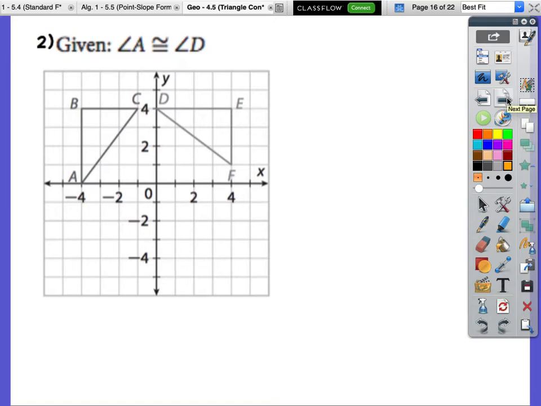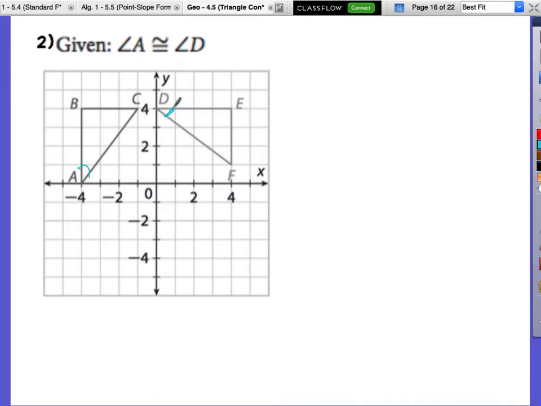So let's look at this one. If we're given angle A is congruent to angle D, well, if we're doing angle, side, we probably need another angle and a non-included side, right? Who can tell me something that we might know here? Okay, Dominic, what are you thinking?